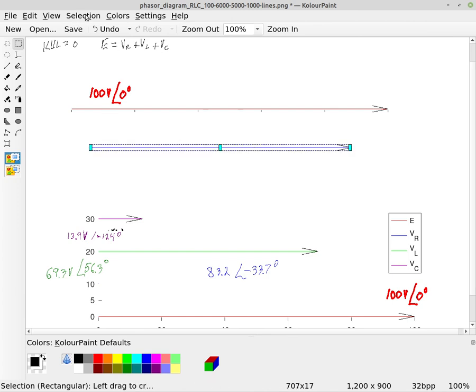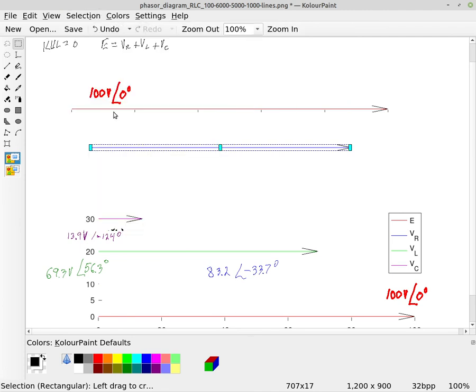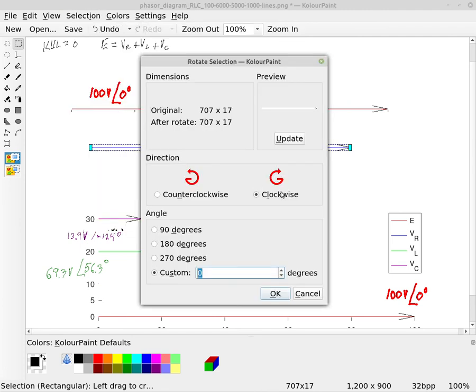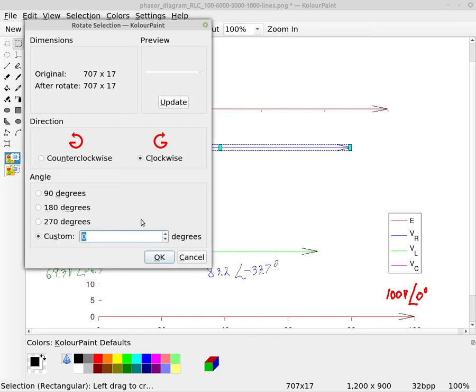So if I come over here to the selection option, I'm going to rotate this in the clockwise direction, and I don't think this will actually let me do a fraction of a degree. So I'm trying to hit the decimal point and it won't take it. So I'm just going to round up to 34 degrees.